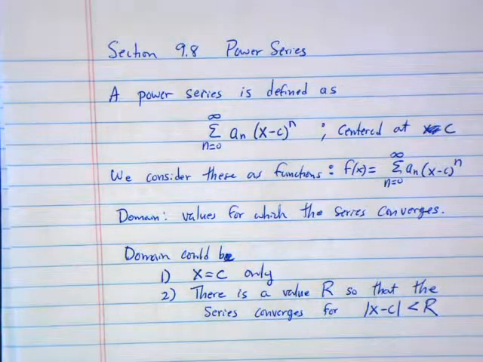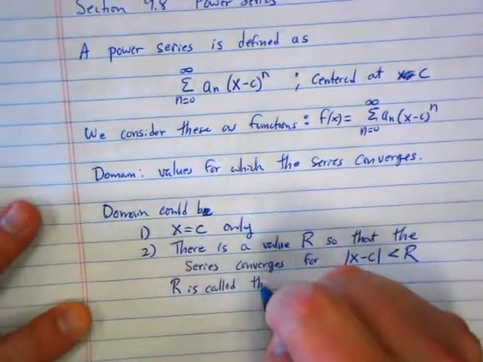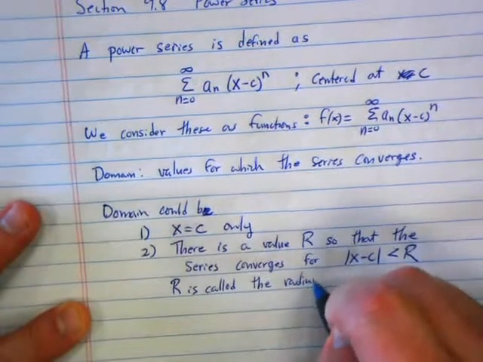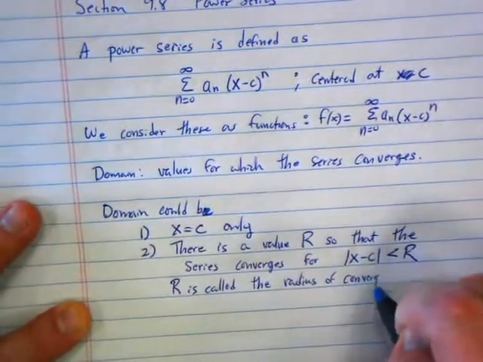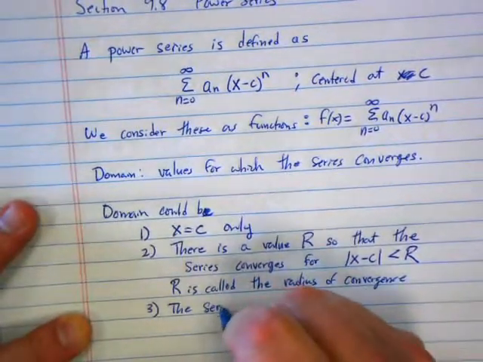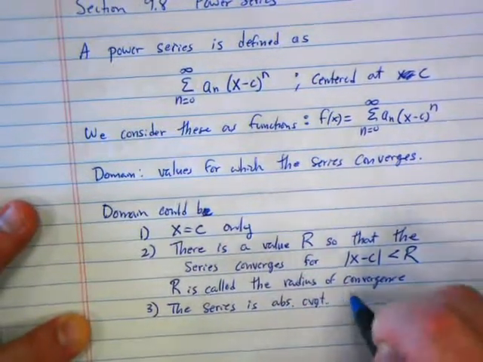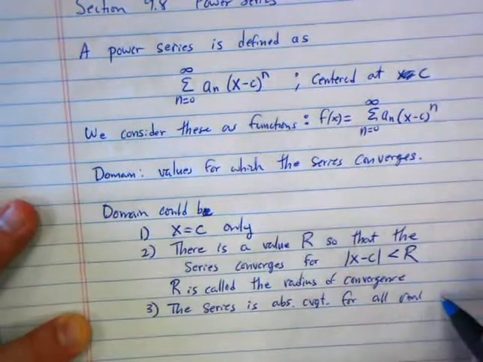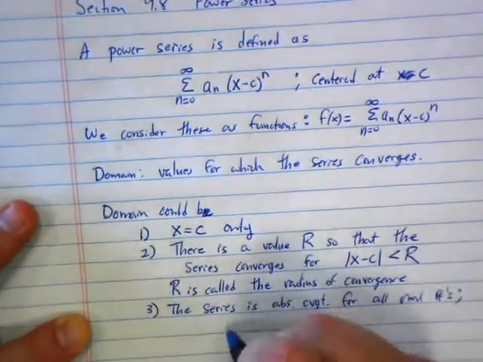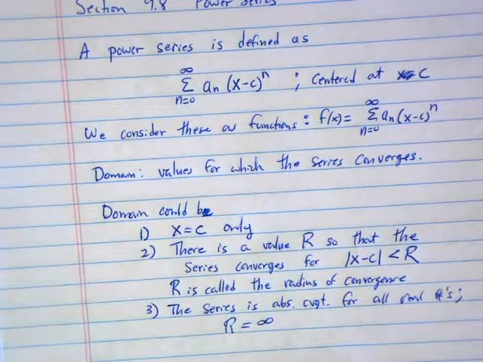And if it does converge at more points, there's going to be a whole interval where it converges. r is called the radius of convergence. The third possibility is the series is absolutely convergent for all real numbers. In this case, we say the radius of convergence, the letter r, is infinity.